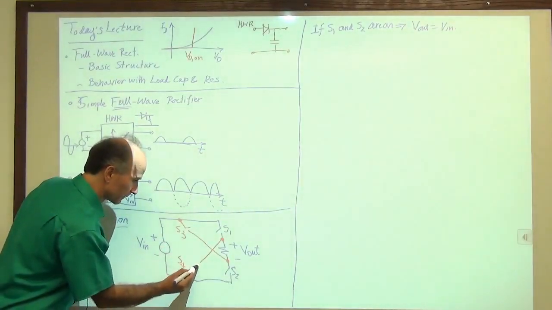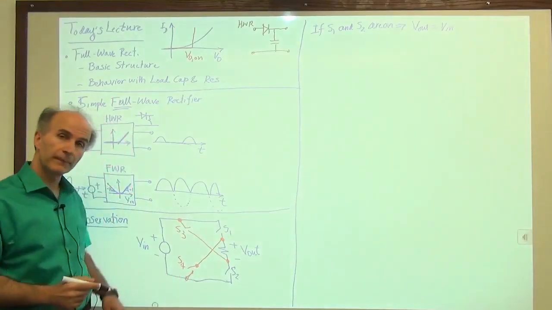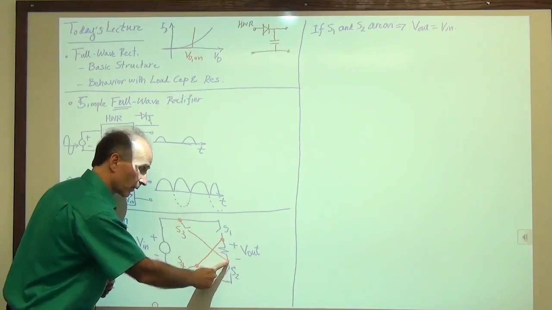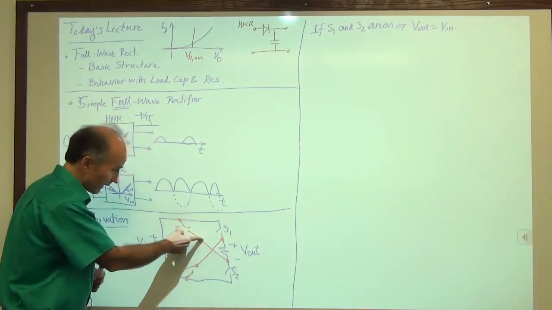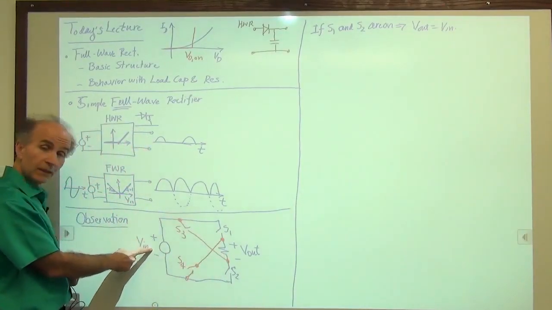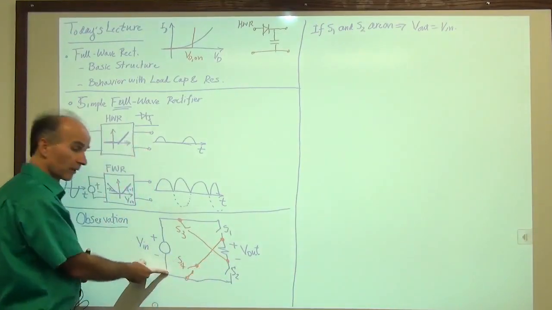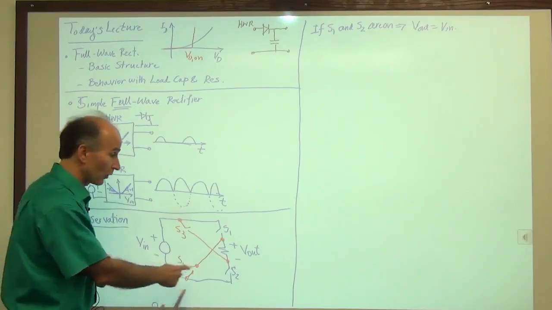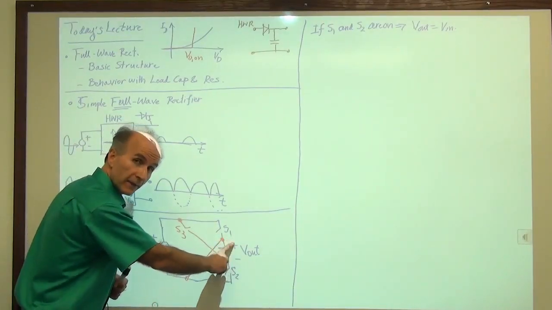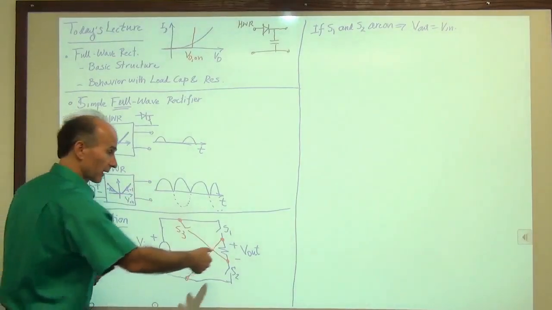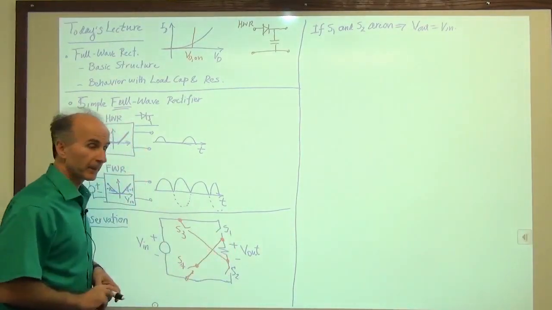What do we see? Well, now the bottom terminal of the resistor is connected to the top terminal of Vin, and the top terminal of the resistor is connected to the bottom terminal of Vin. So Vout, positive here, negative here, is equal to minus Vin, because the resistor is flipped.